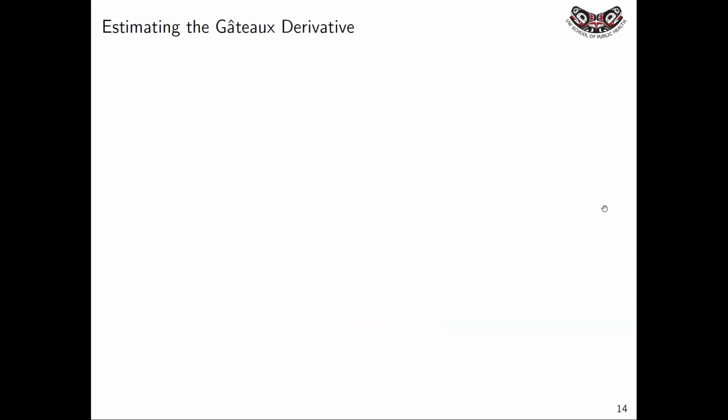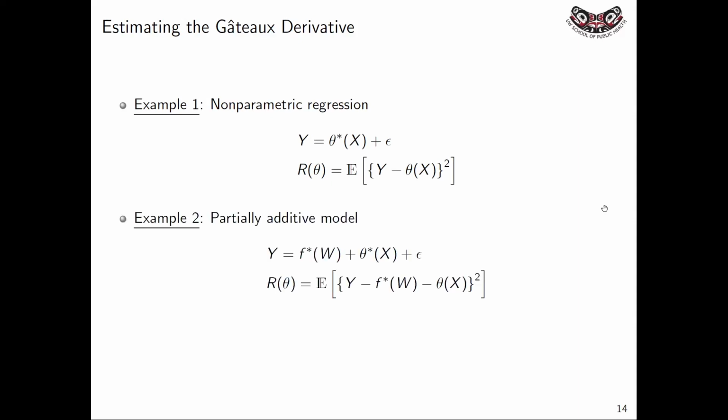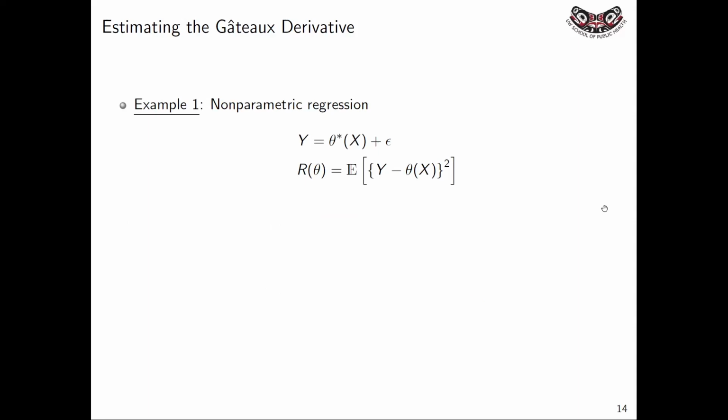So let's think about estimating that Gatour derivative. It's a directional derivative. I'll talk about the estimation of the Gatour derivative in the context of two examples, because it's easier to discuss in the context of examples. One is non-parametric regression, where y equals theta star x plus noise, and my risk functional is the expected value of y minus theta of x, squared.